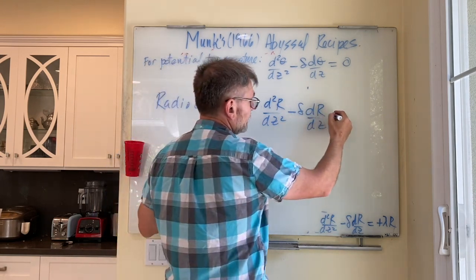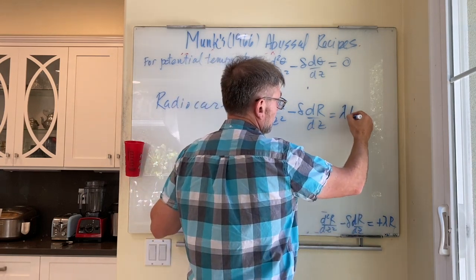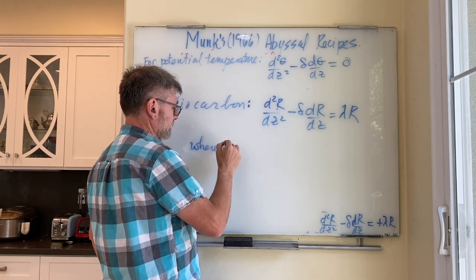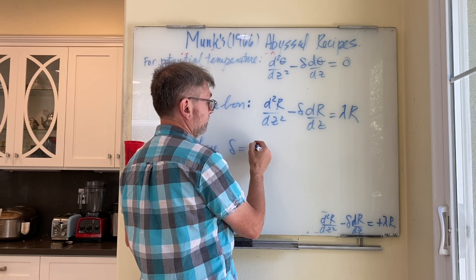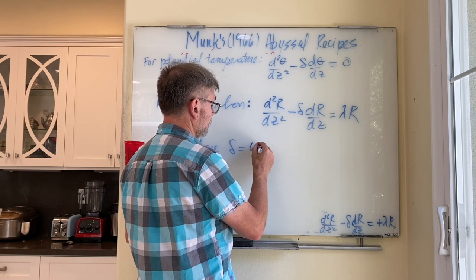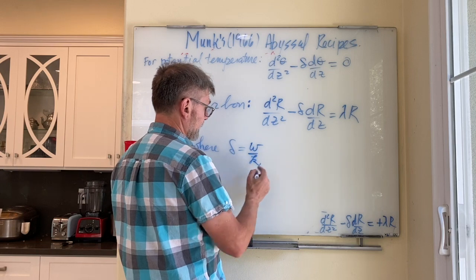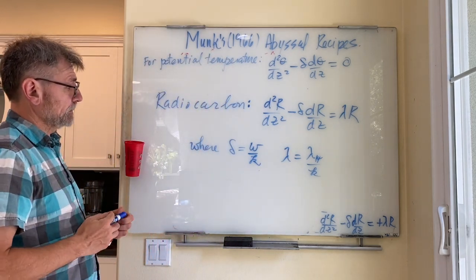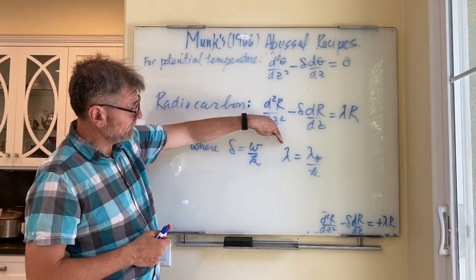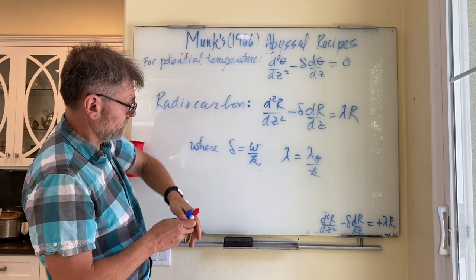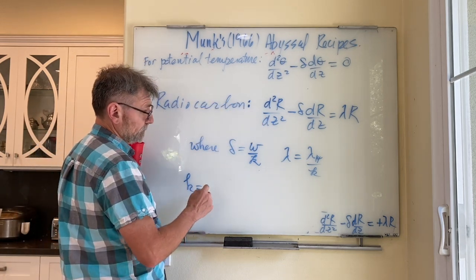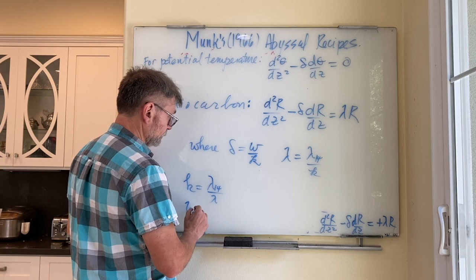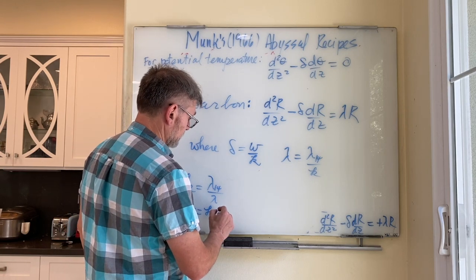Same equation, except that now we also have a loss term, lambda R, where delta is equal to w over k, and lambda is equal to lambda 14 over k. So we have these two parameters, delta and lambda. If we know delta and lambda, we can solve for w and k, right? K is going to be equal to lambda 14 over lambda, and w is going to be k times delta.